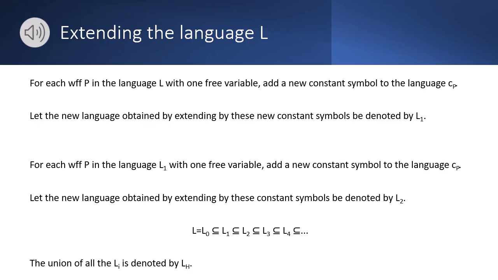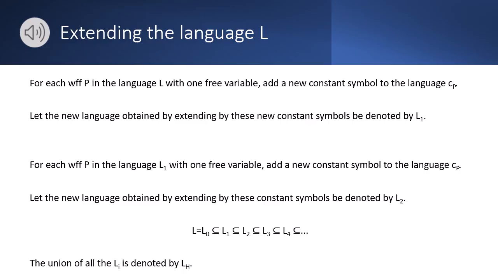For each of the well-formed formulas P in the language L1 with one free variable, we add another new constant symbol to the language, C sub P, where P is a well-formed formula in the new language. We denote this extended language by L2. And again, we really do get more constant symbols, because there were new formulas in the language L1 that weren't in the original language L.